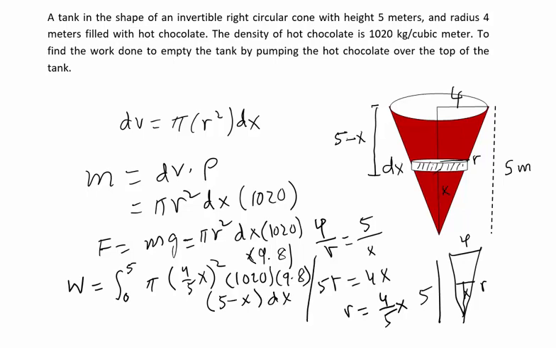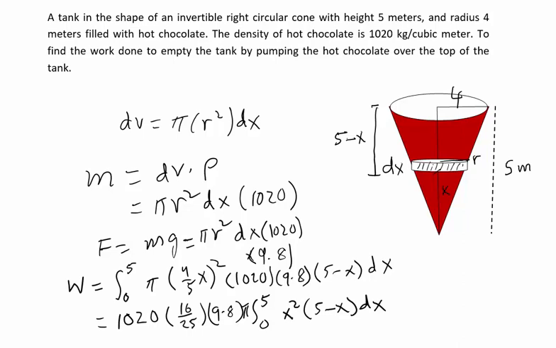So this is the whole quantity. Now you need to integrate and find your work done. I just simplify, bring all the constants outside, and then the integral is 5x squared minus x cubed. You can integrate or just put it in your calculator and get it done.